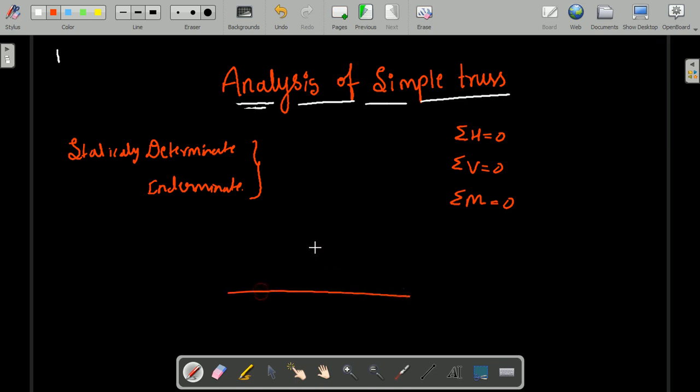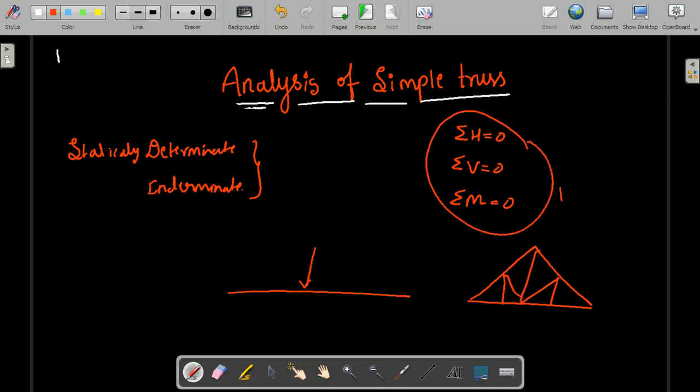If any beam or any truss can be analyzed, or we can find the unknowns, only by using these three equilibrium conditions, then that structure is considered a statically determinate structure. Clear? I will give an example.